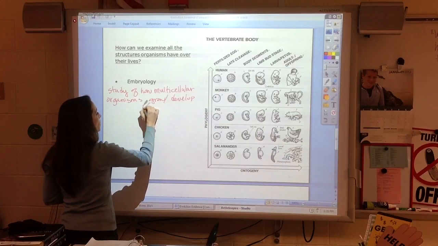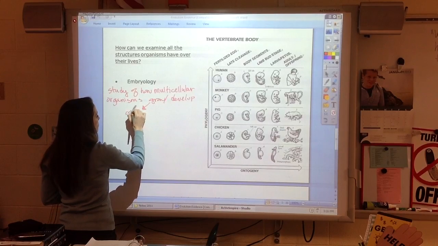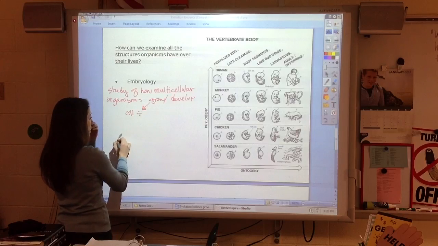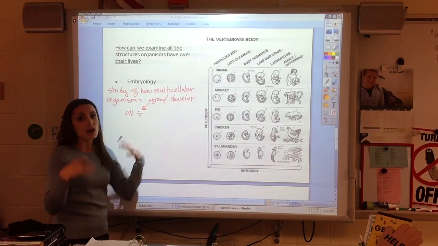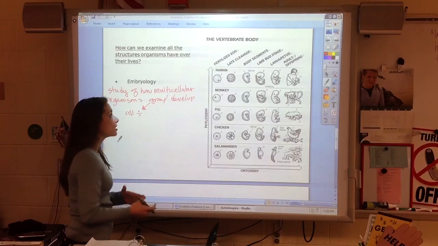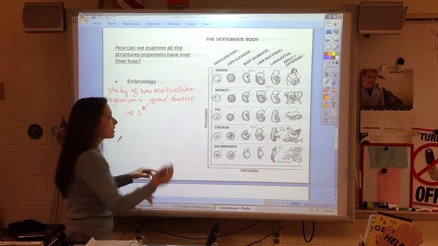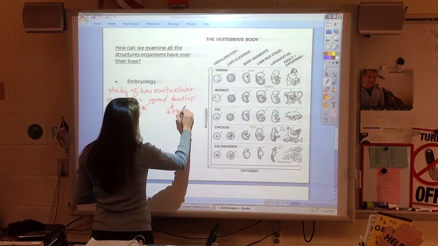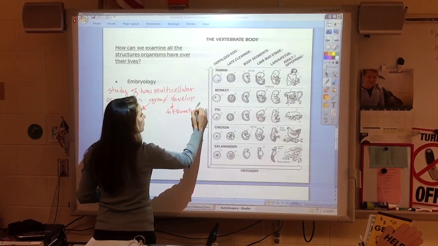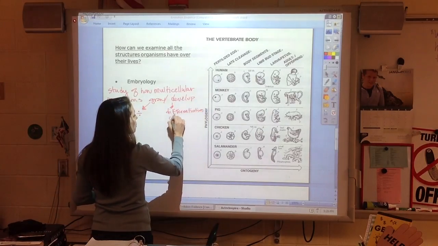Growth, we know, really has to do with cell division and the addition of more cells. And so how many more cells do we add? How quickly do we add those cells? But then we have the idea of development, and this is really differentiation. And we know that differentiation is truly due to gene regulation.